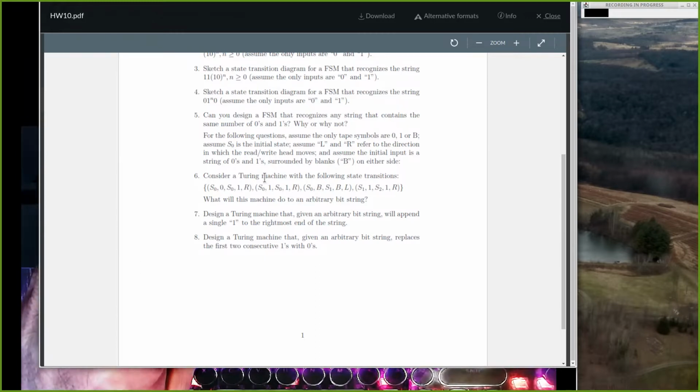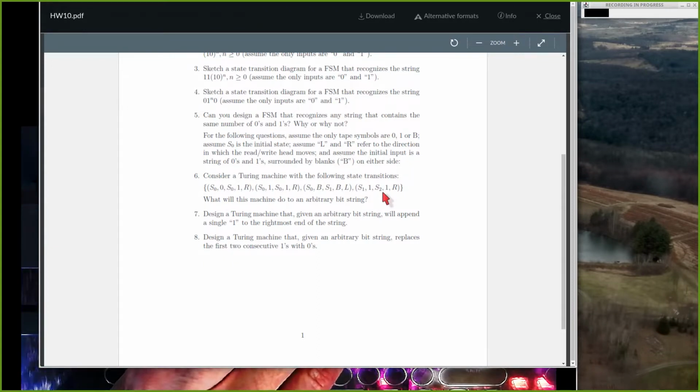We keep staying in S0, so if there's a 0, it becomes a 1. If there's a 1, it becomes a 1. This will keep happening until we get to a blank. If we get to a blank, we'll move to state 1, leave that blank in place and go left. If we're in state 1 and there's a 1, we'll go to state 2, write a 1, and move to the right.